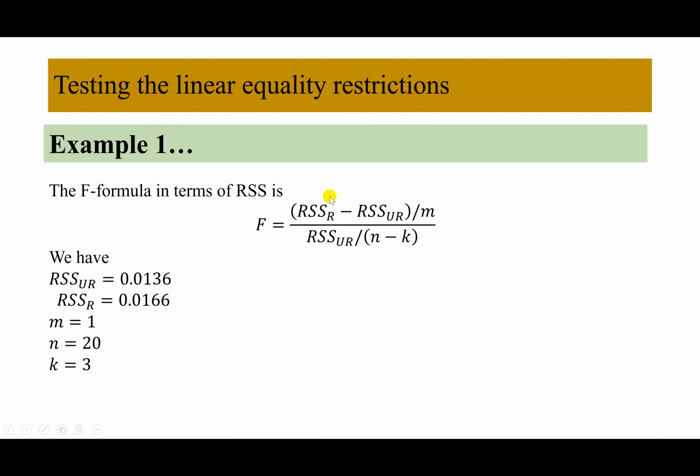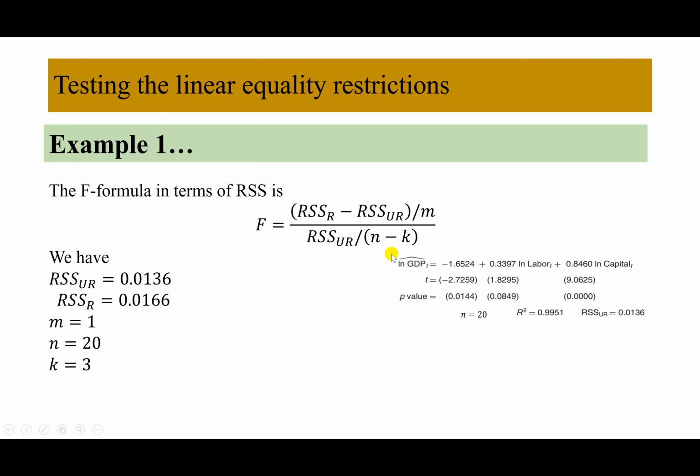As you know, the residual sum of square of the restricted model will be higher than the residual sum of square of the unrestricted model, and the F value is generally positive. So this expression will give us a positive F value. So RSS restricted minus RSS unrestricted divided by M, divided by RSS unrestricted divided by N minus K.